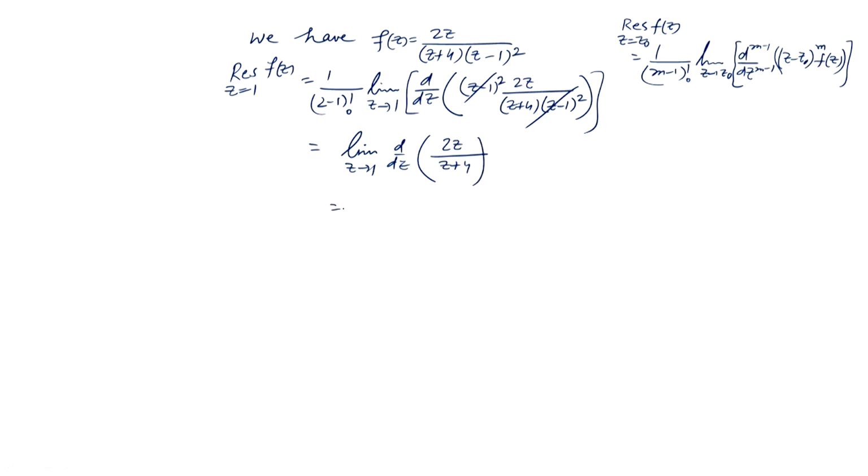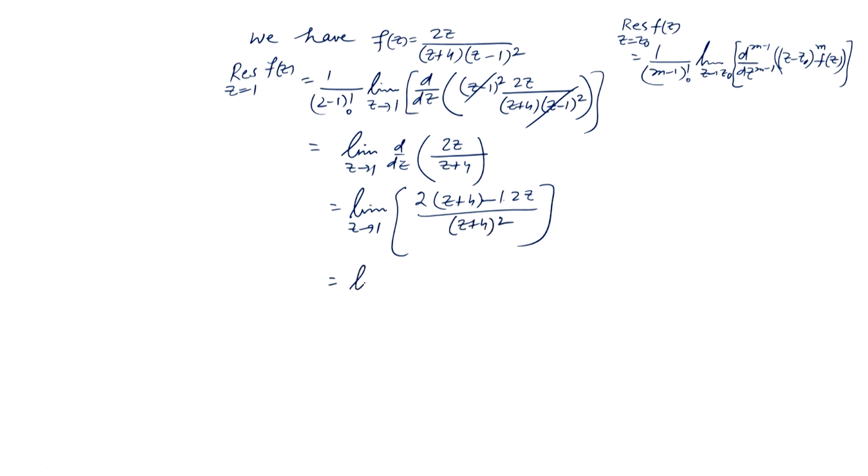Let us differentiate. We have the derivative of 2z is 2, into (z plus 4), minus the derivative of (z plus 4), which is 1, into 2z. So, we get this divided by (z plus 4) whole square.